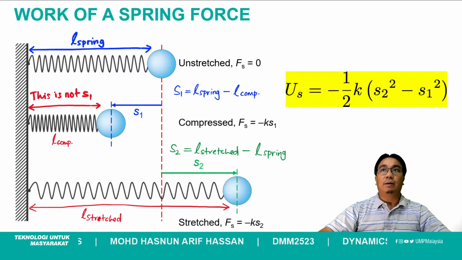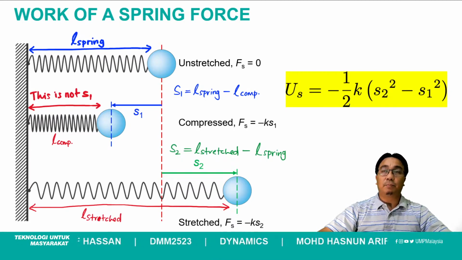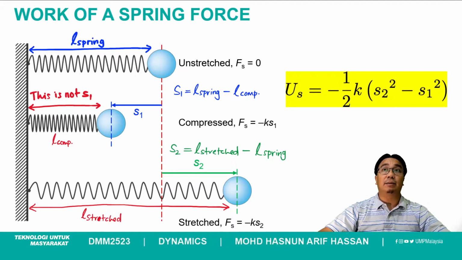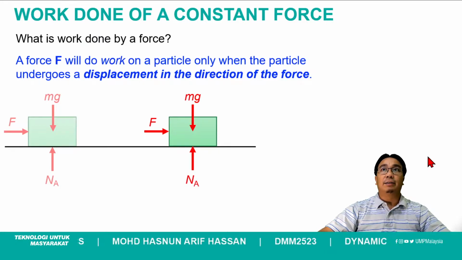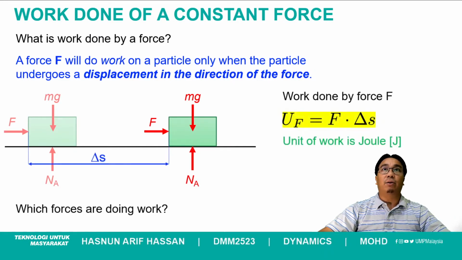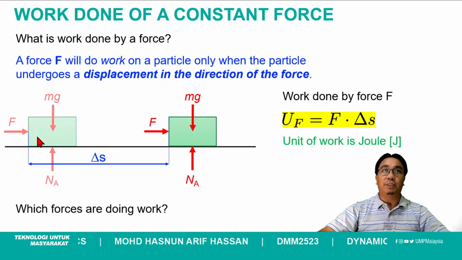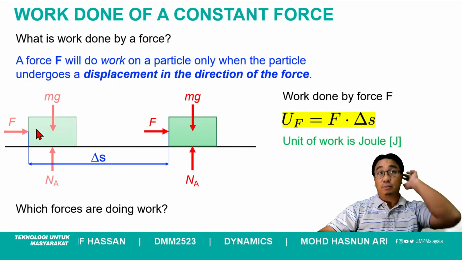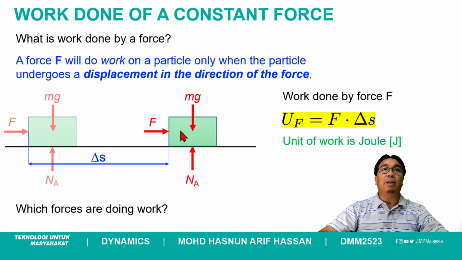Okay, so before we do some example calculation, let's recap what we have covered. So work done, first we look at work done of a constant force. Okay, so work done only happens when the object is undergoing displacement in the same direction as the force.